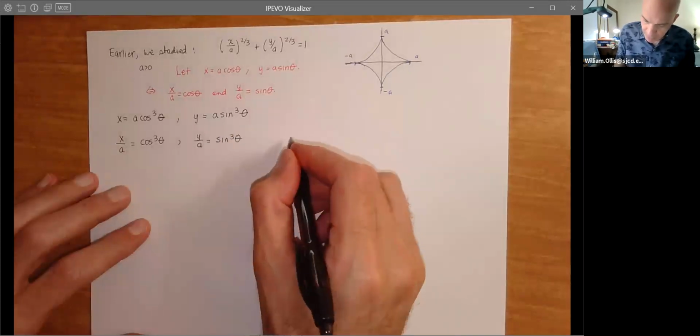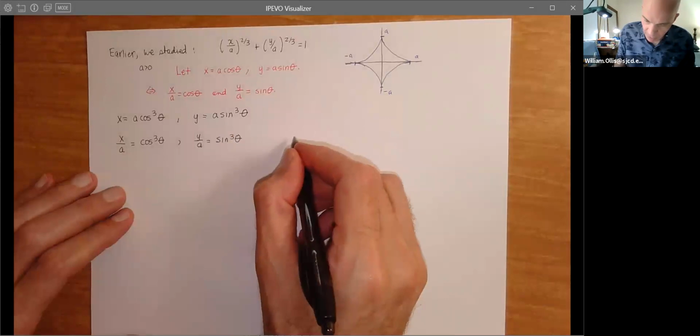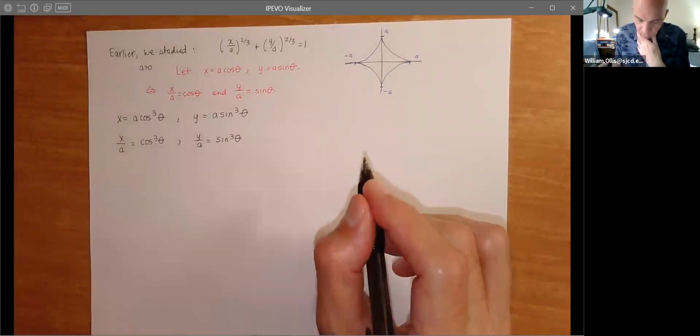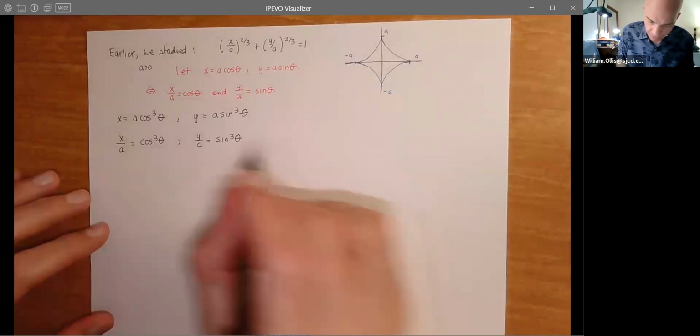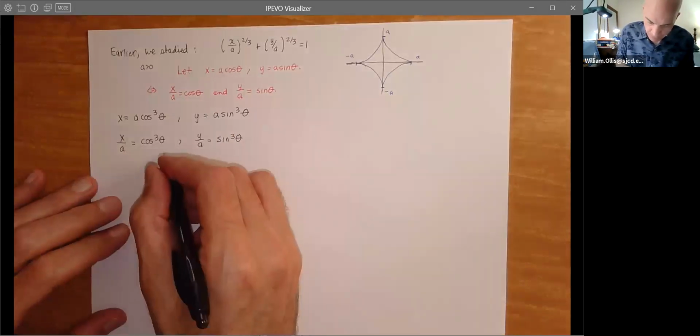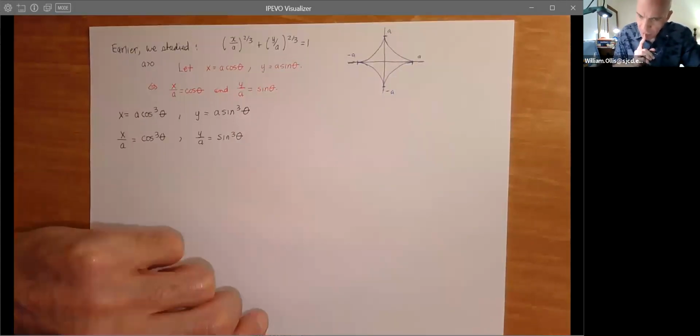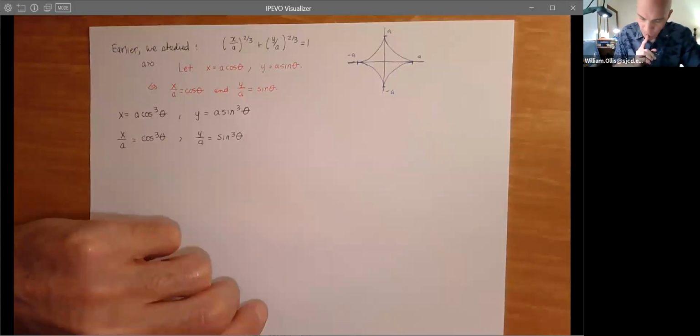And then let's see here, in this particular case, if we square, let's see if this will actually give us something that'll work. What I'm trying to do is actually work this backwards.